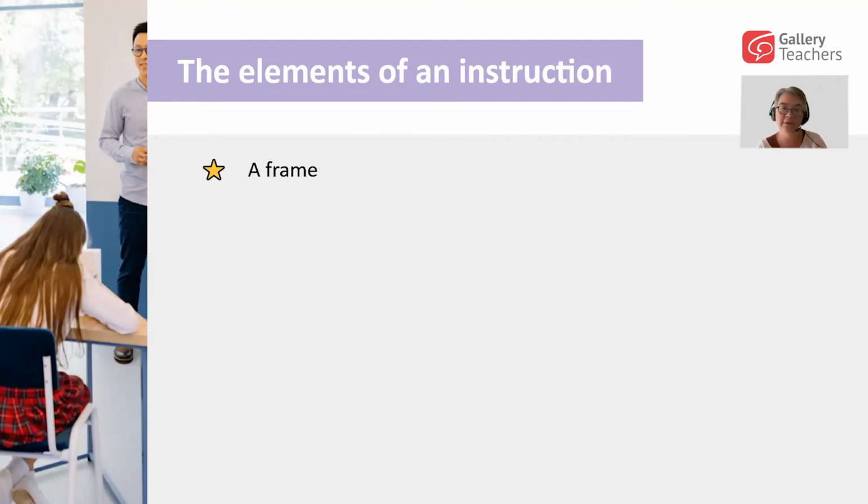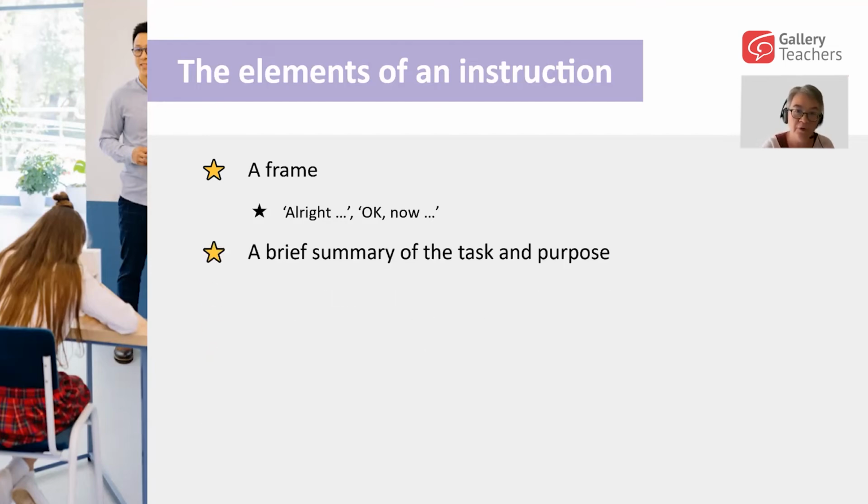So let's say they're doing some written exercise in their books, and you want to move from this written exercise to a speaking activity? Well, then you can use expressions such as all right, okay now, and then you can quite easily move into the summary of the task.